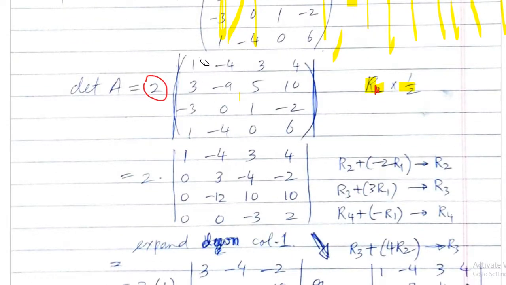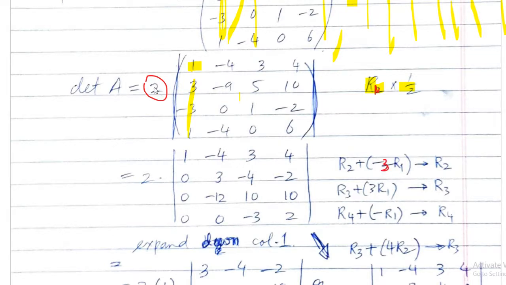Now using this one, I will make all these three entries zero. So 3 minus 3 and 1 minus 1 give 0. It means R2 minus 3 R1. This is 3 R1, I don't know why I wrote 2.